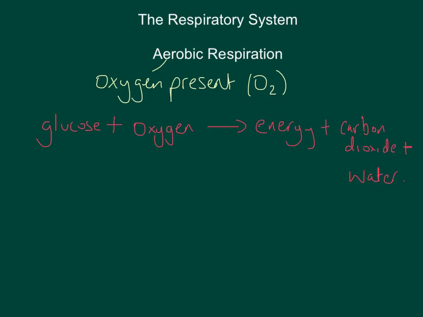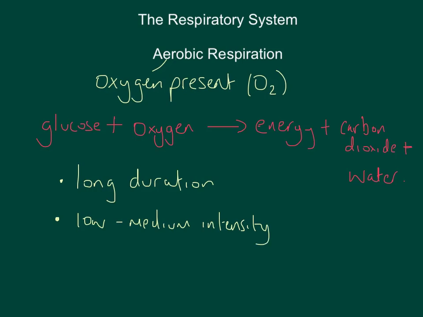Okay, so sorts of activities that we'd be performing to allow aerobic respiration to occur, we'd have to be exercising for a long time, long duration, and usually it's going to be low to medium intensity. Okay, so your examples might be running or team games.